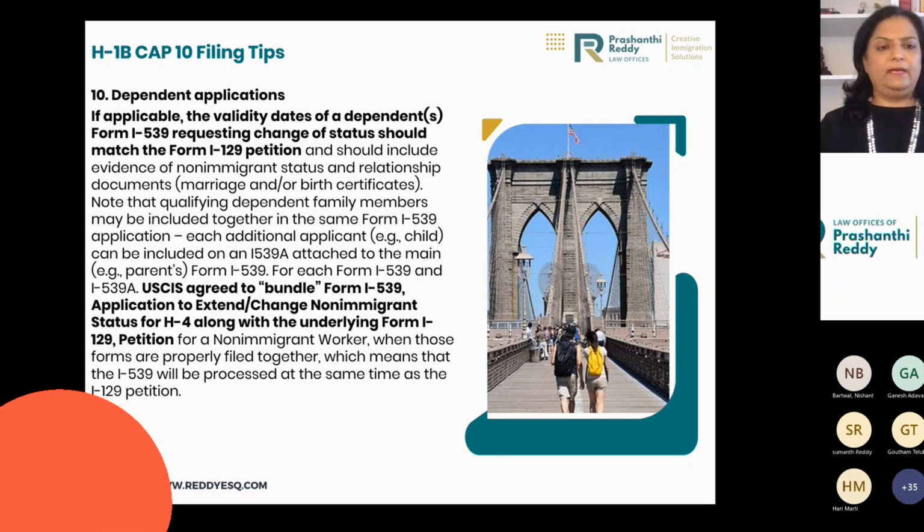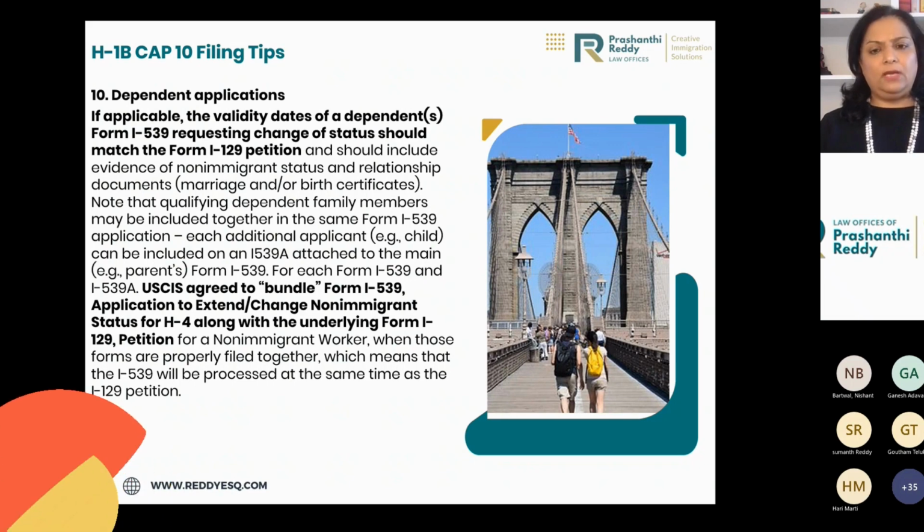Also, the big advantage of submitting all these applications together is that USCIS has agreed to process all the applications together. This is a recent change with reference to USCIS. Before the pandemic, they would process all the applications together and they would approve the H1 and H4 together.